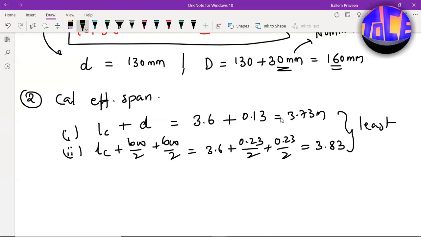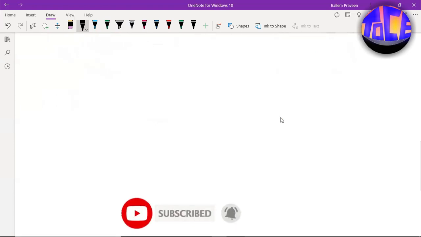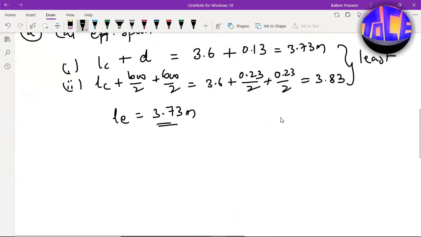The least value is 3.73. This is my effective span. So I got my effective span. The next step is you need to calculate all the required loads. So load calculation is my third step.